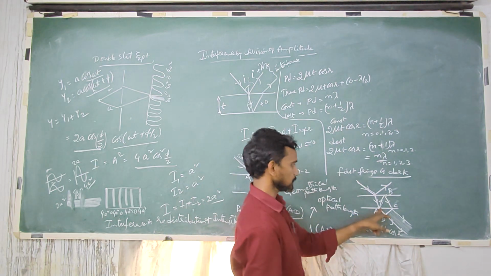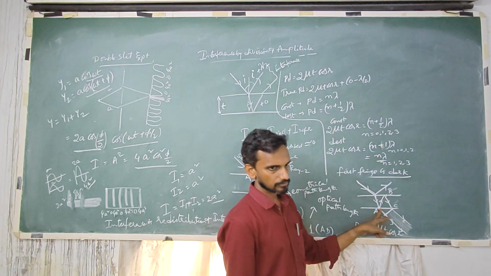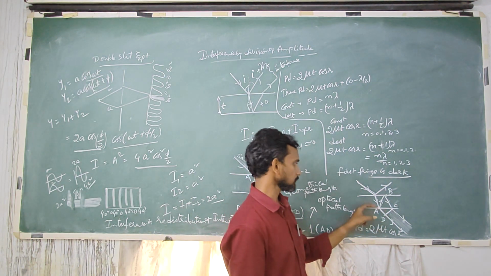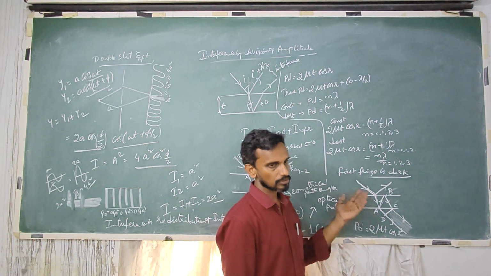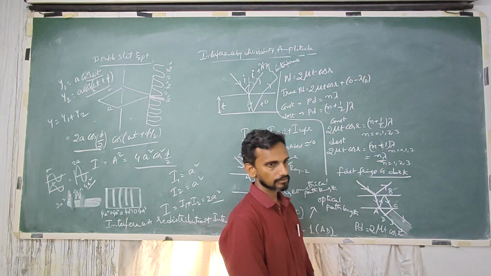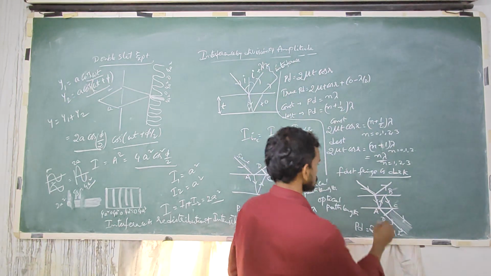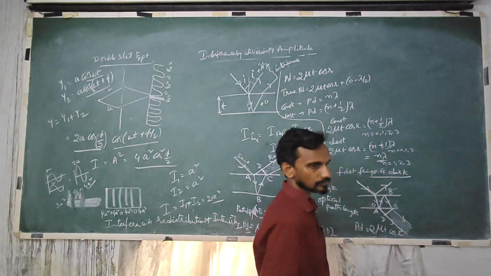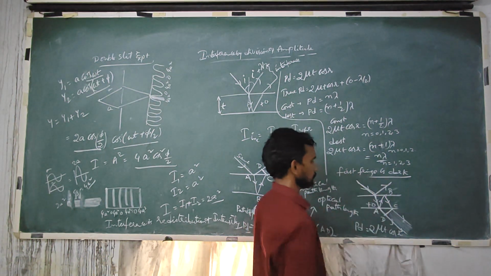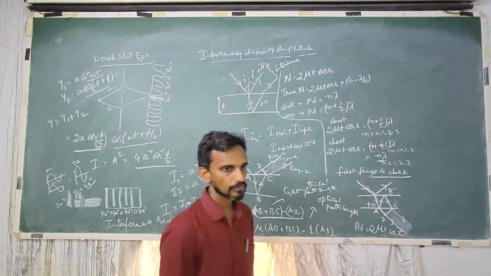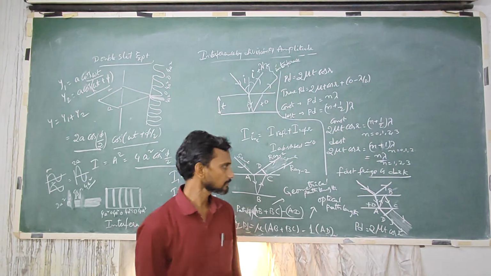So for the first reflection, what is the path difference? So the reflection is taking place from glass on air. So the second medium is air. So it is rarer medium. So path difference is 0. So if any wave reflects on rarer medium, 0 path difference.